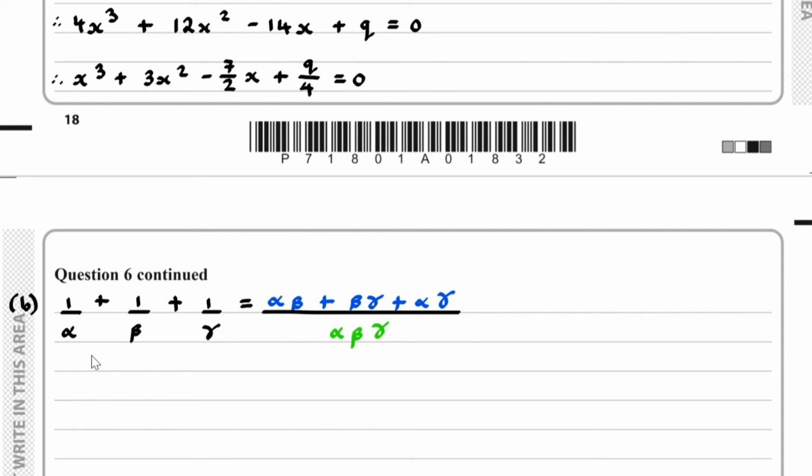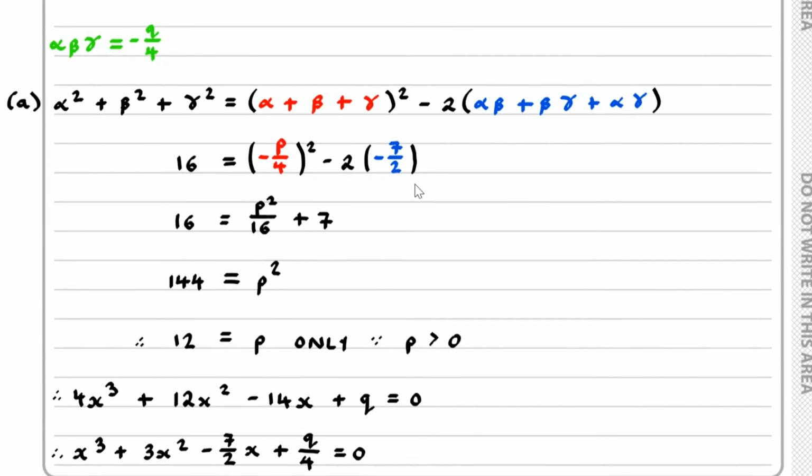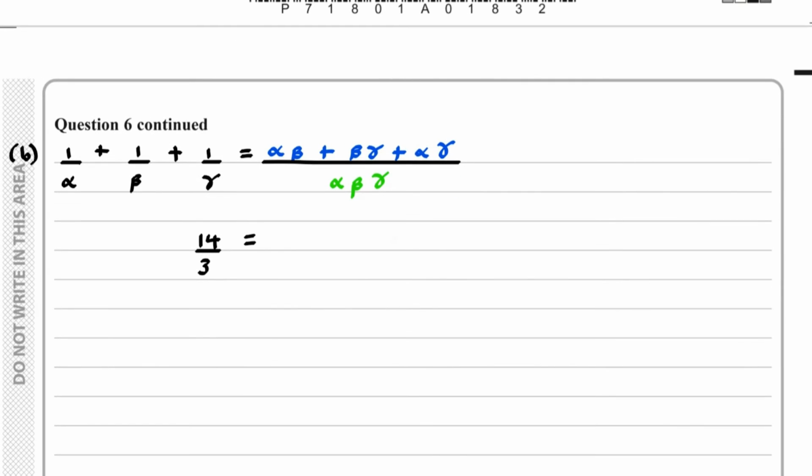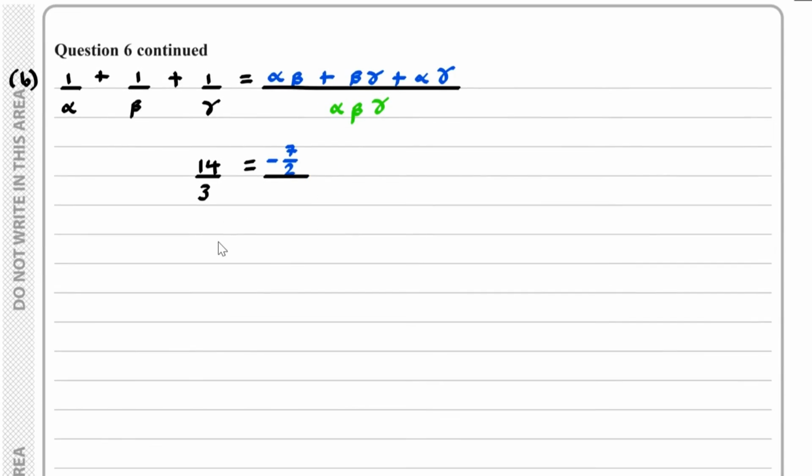And so, knowing that 1 over alpha plus 1 over beta plus 1 over gamma is 14 over 3, then what we have is 14 over 3 equaling, well, we have here negative 7 over 2 divided by alpha beta gamma, which is negative q over 4.